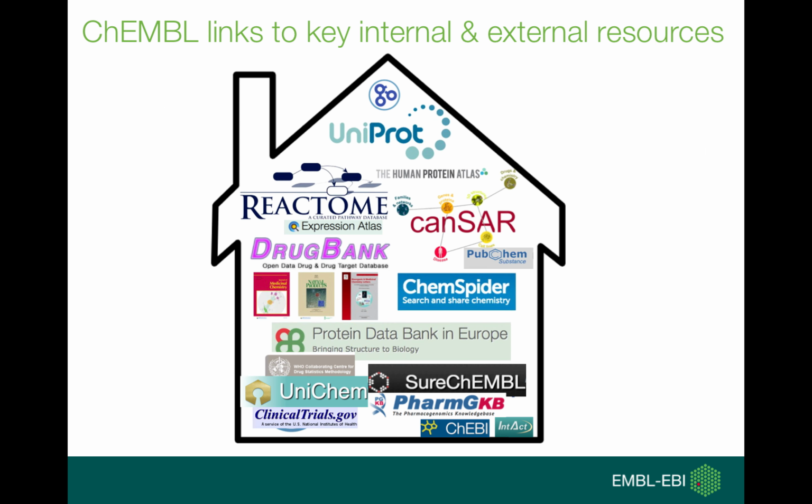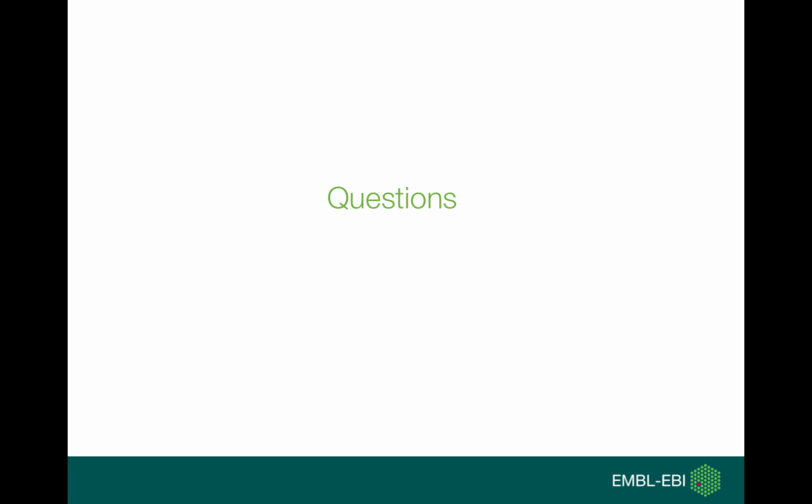We link out to a variety of internal and external resources, internal to the organization that we're housed in, the EBI, and externally to other groups and organizations working in the field of drug discovery. And that's just an indication of some of the resources that you would find cross-referenced within our web pages.